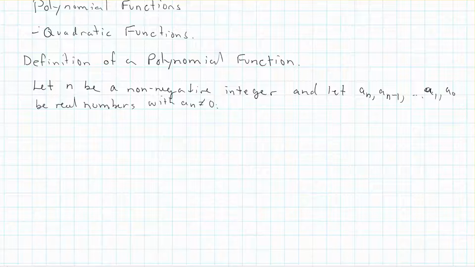And again, the reason we don't want an to be 0, an is going to be our first term, and so we don't want that to be 0.